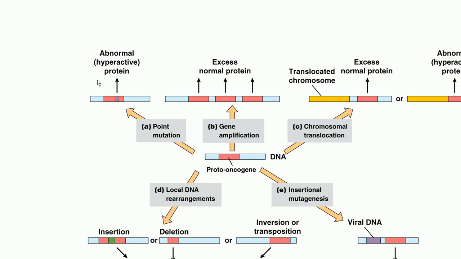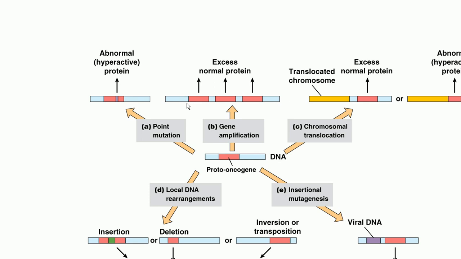Suppose in a gene there is adenine, it gets changed to guanine, or thymine gets converted into cytosine. Because of the point mutation, there can be the formation of an abnormal hyperactive protein.